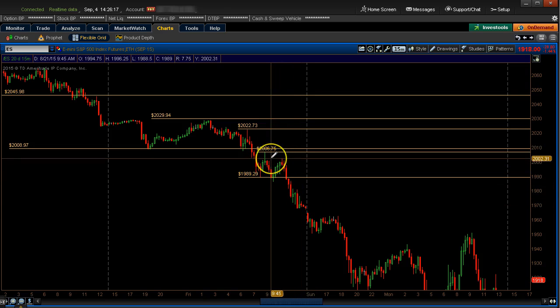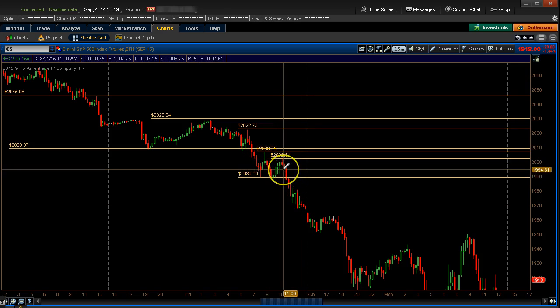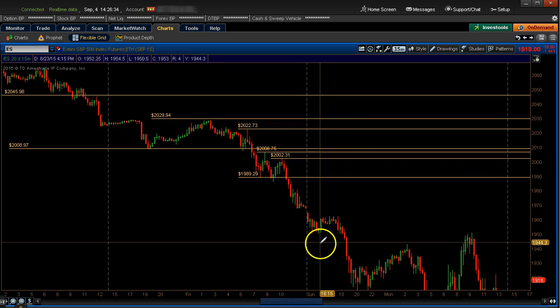So what you want to do is start to draw these out. This is to see where potential levels of support and resistance might be later on in the future, and I'm going to show you how all this works.